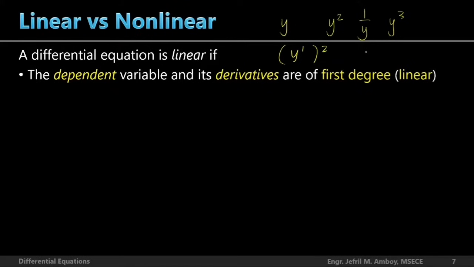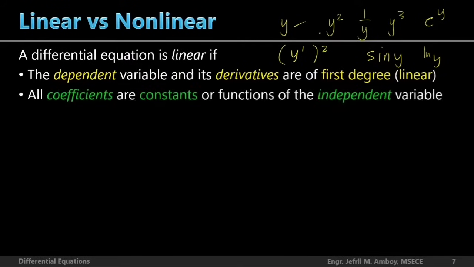So, if in a differential equation whose dependent variable is y, nagkaroon ka ng term na sine of y, ln of y, e raised to y, these are all non-linear functions of y, which is the dependent variable, and the presence of these terms will make the equation non-linear.